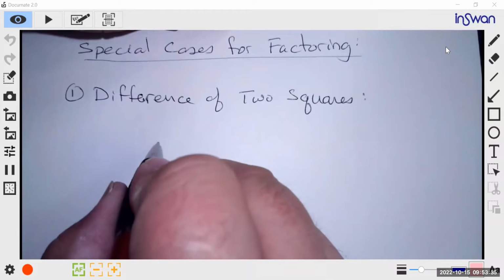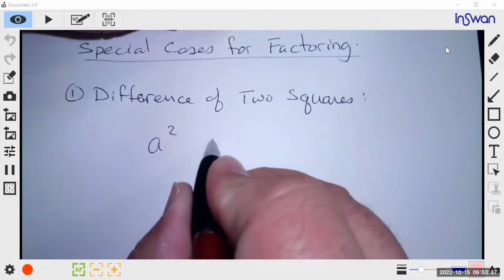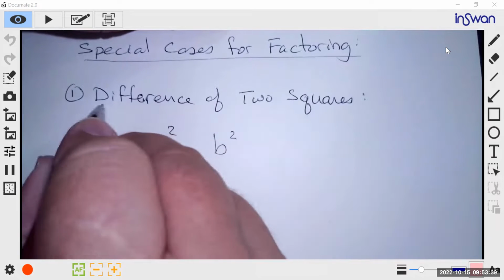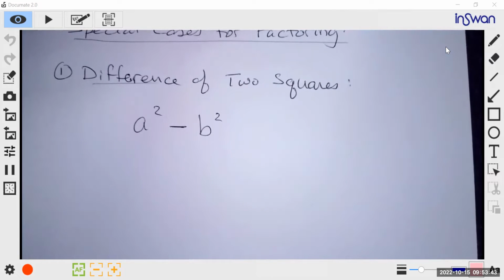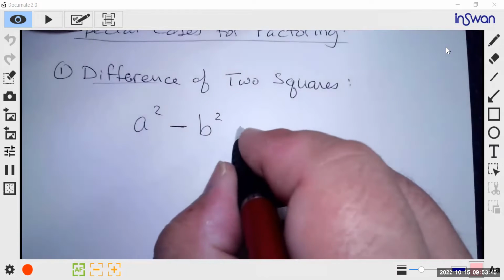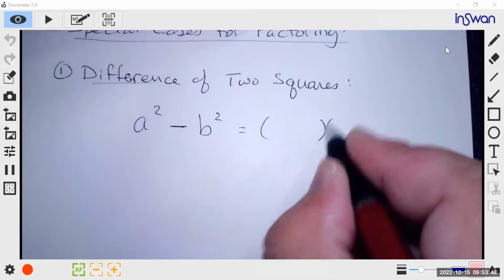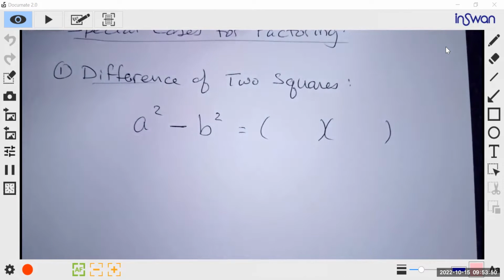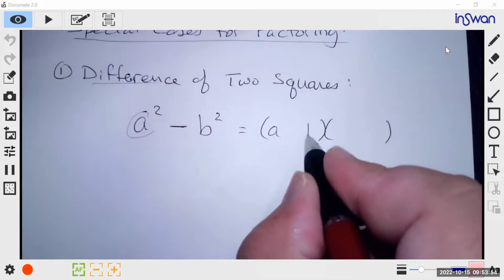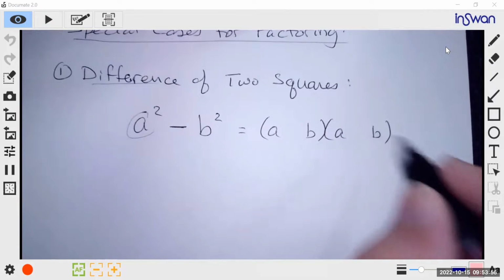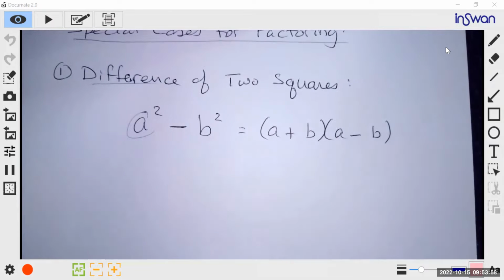What it's saying is, if I had 2 numbers that are perfect squares, and the difference, which means minus, if I have that, then the factored form of this thing is the A and B. So I have A here, B, A and B. One's positive, one's negative.